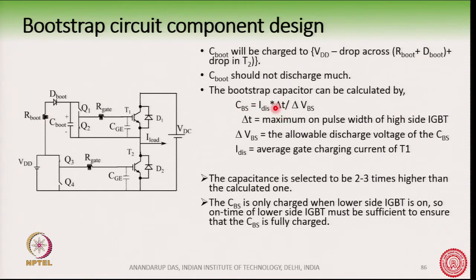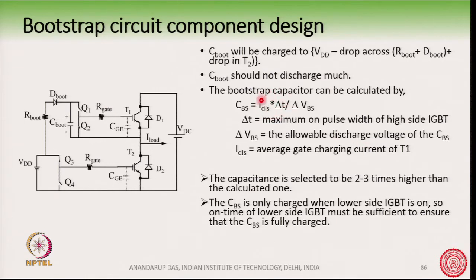It will discharge for the maximum on pulse width of the high side IGBT. So, the duration for which this transistor is on is the delta T time, and the average discharge current is I dis.